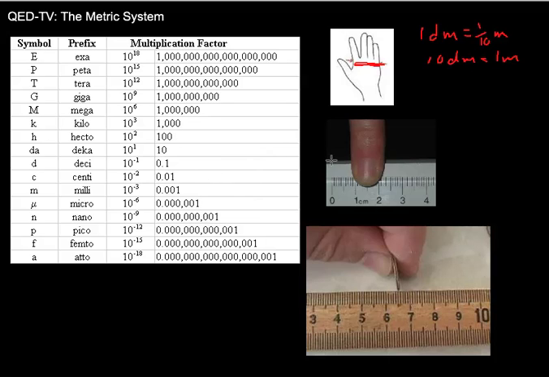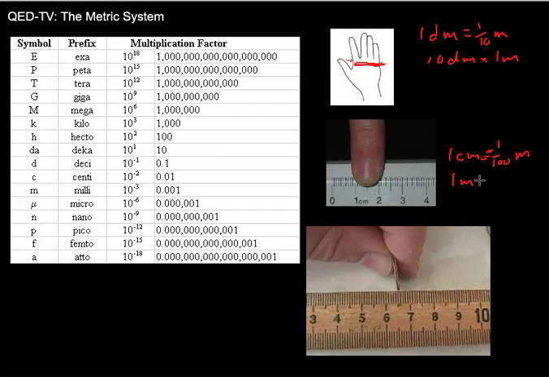Let's look at a centi. Centi means 100th, so 1 centimeter is 100th of a meter. That's an easy one too, because you can always think cents. How many cents are in a dollar? There are 100 pennies in a dollar, 100 cents in a dollar. There are 100 centimeters in a meter stick.